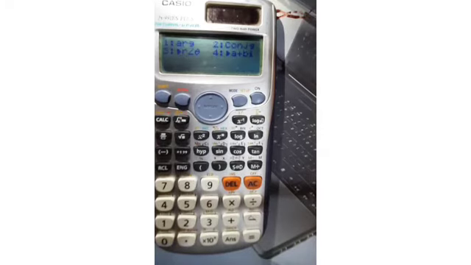At number 3 it is r angle theta, and number 4 is a plus bi. So I want the answer in the third form, so press 3. It is the answer in r angle theta form. Press equal to. The answer is 42.43 at an angle 30, which is the same as in the previous case.